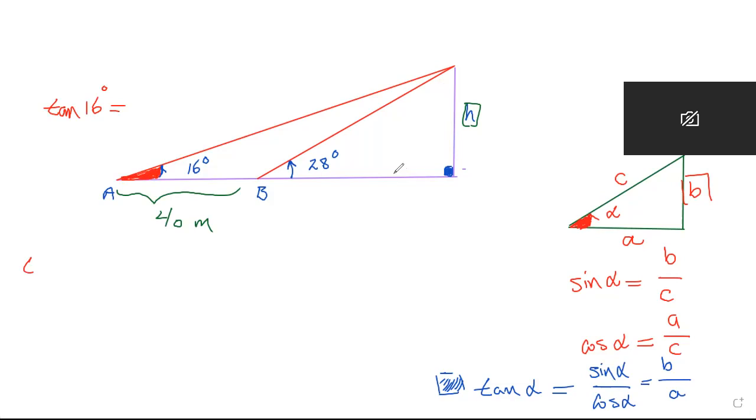Anybody? The tangent of 16 degrees is the opposite, which is H, over this length, which I call what? AB? No, much bigger than that, because 16 is facing the other one. That's right. Let's call it AC.